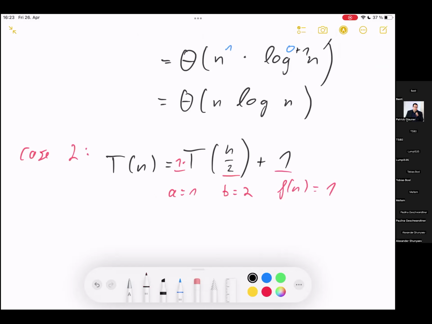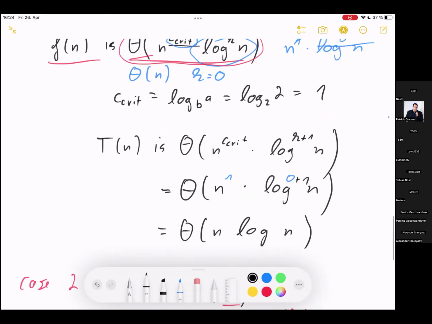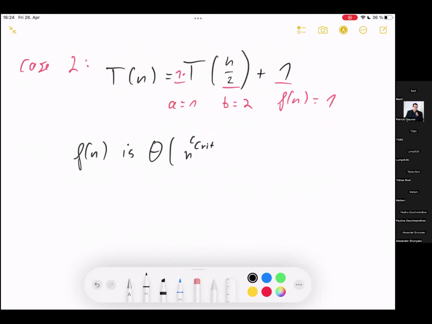And now we have to wonder again, is f of n theta of n to the c critical times log n to the power of k?